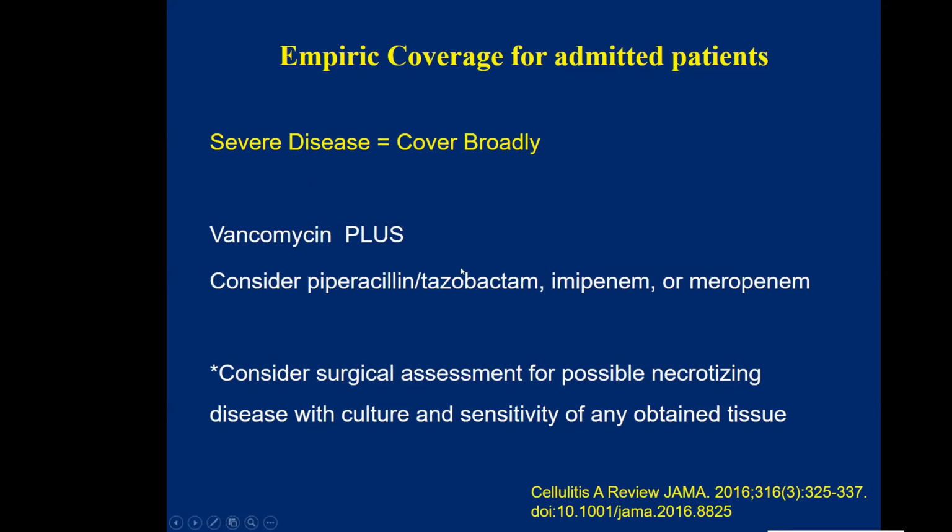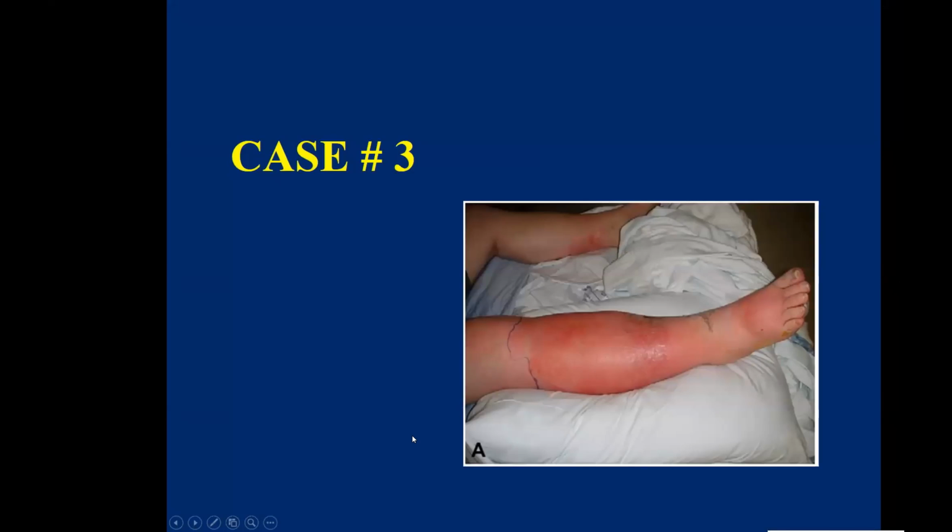You want to cover MRSA, and you want to consider necrotizing fasciitis in your differential. So you want to add anaerobic coverage with piptazo or meropenem, and then you want to consider surgical assessment. Any questions up until this point before we go to the last case?